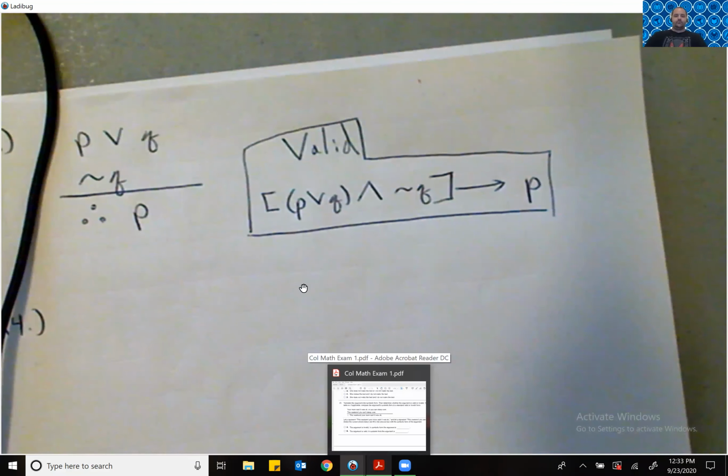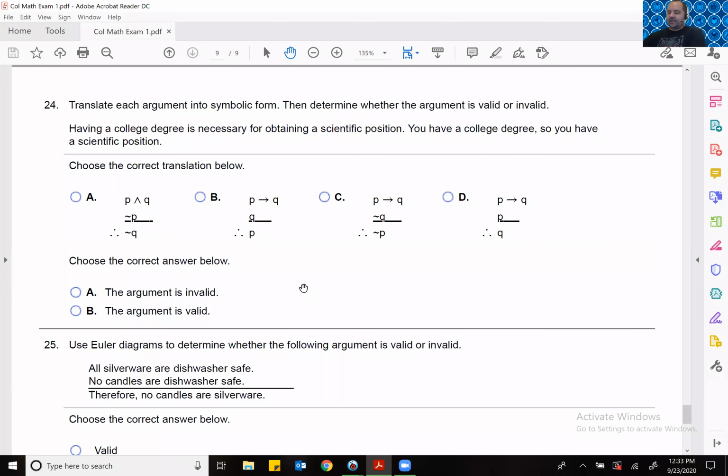So number 24, they give us the sentence: having a college degree is necessary for obtaining a scientific position.